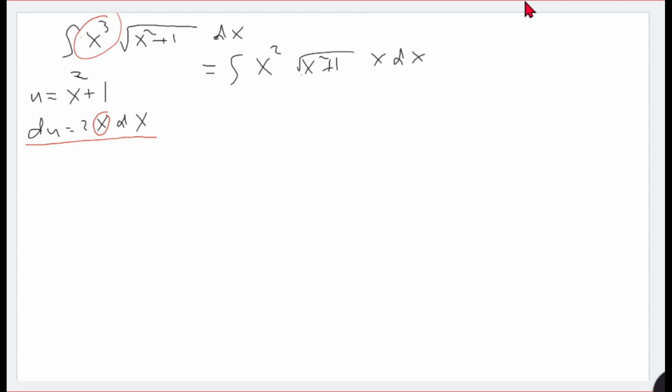Just take a copy of x, put it in the back here. We start with the third power, so take a copy, it becomes the second power with the copy here, right? Because of the differentiation relationship, we know these two together can be replaced by, like always, 1/2 du, divided by 2. So we know this part can be taken care of.